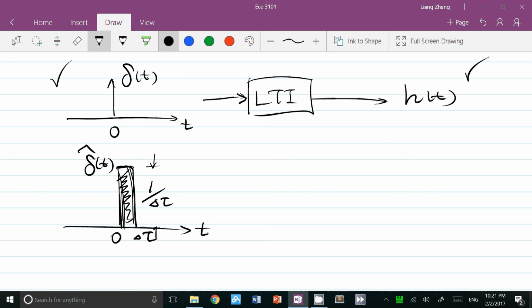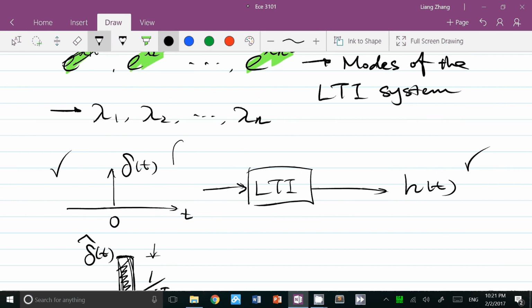Now for delta function, we know if we take the integral of delta t dt from negative infinity to plus infinity, we're going to have it equal to 1.